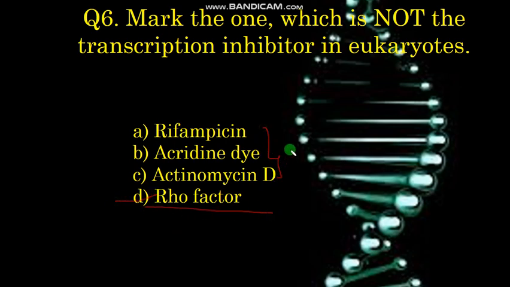These three are transcription inhibitors, and this Rho factor is a transcription terminator. The inhibitors stop transcription at the starting of transcription only, but Rho factor terminates the transcription elongation.